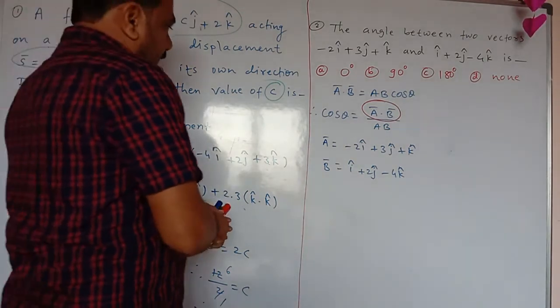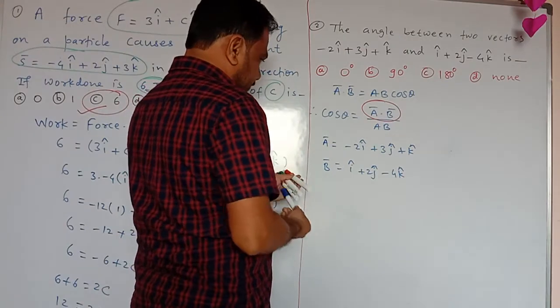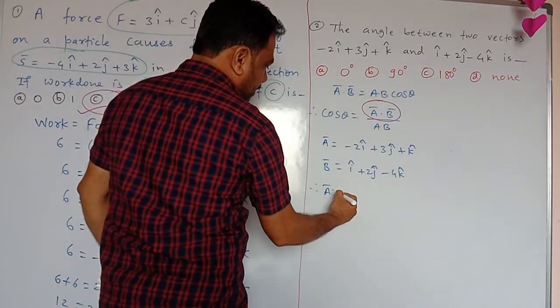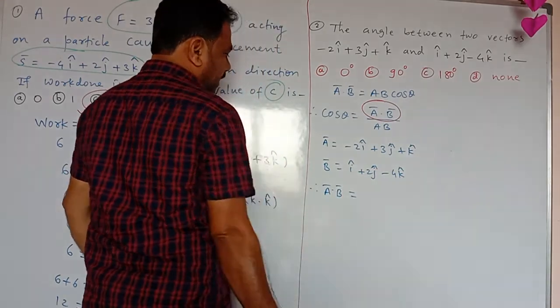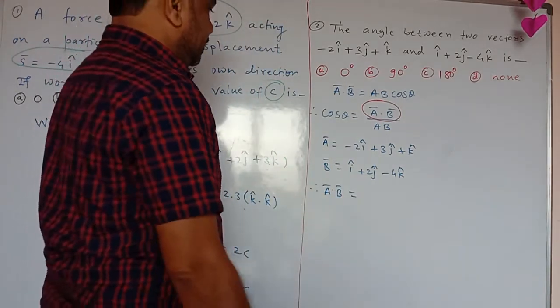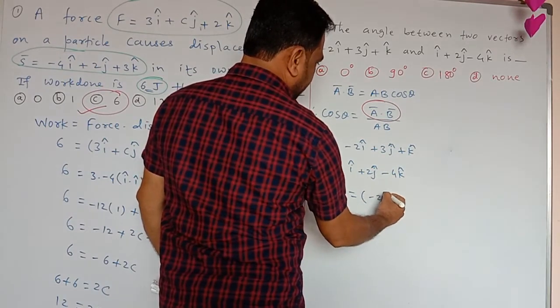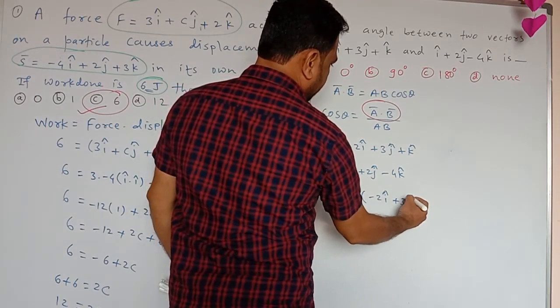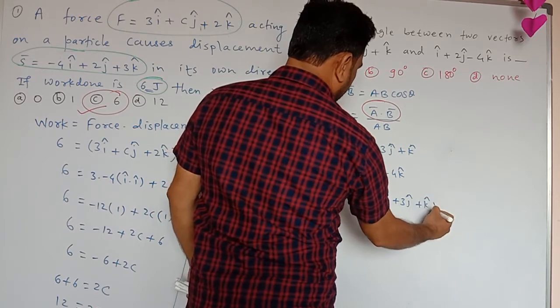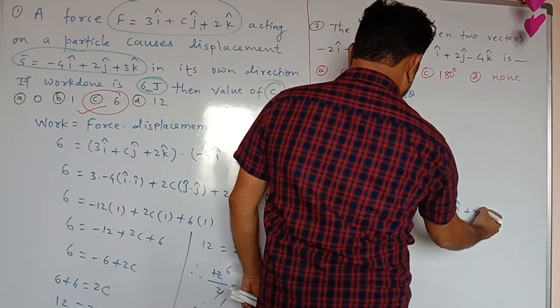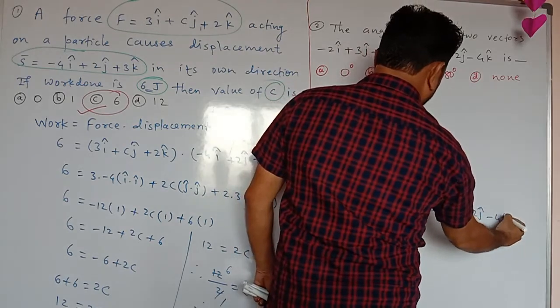So substitute the values. Therefore vector A dot vector B is equal to, put the values, minus 2 i cap plus 3j cap plus k cap into i cap plus 2j cap minus 4k cap.